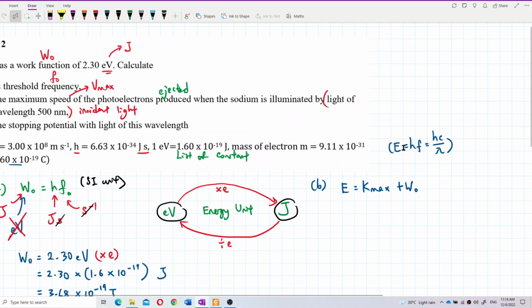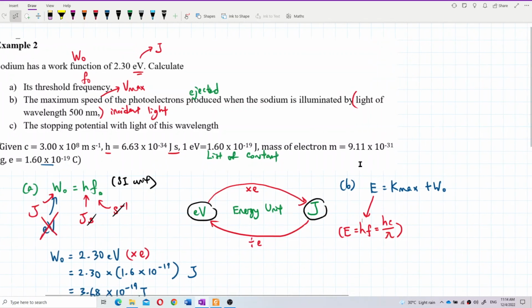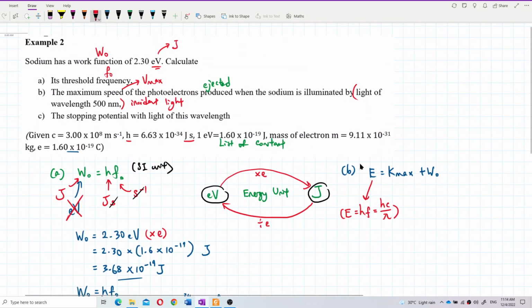Maybe I just put it here. And then this Kmax, you can put it as half m v max square.